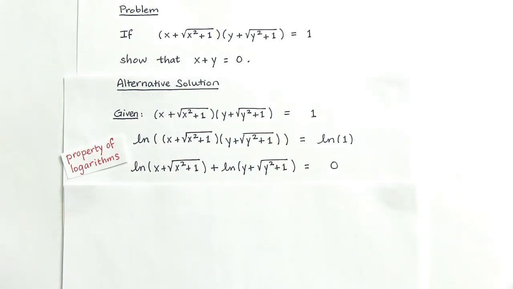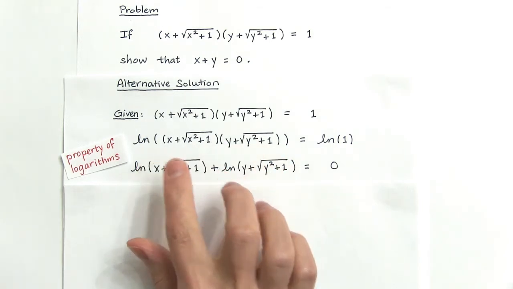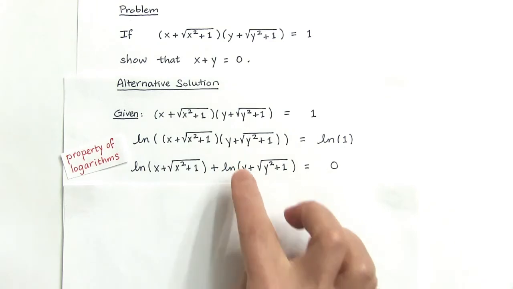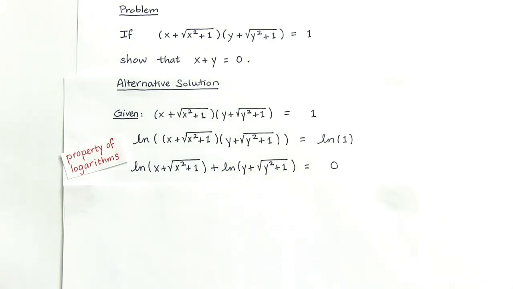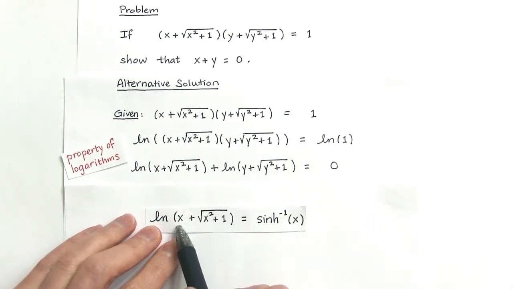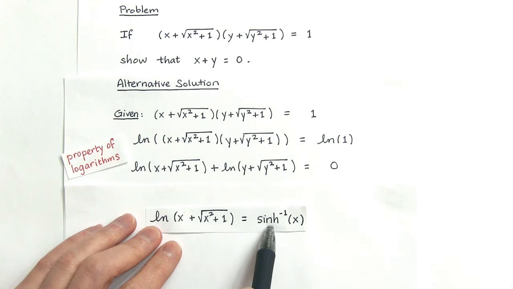Now this is a common and useful trick to try. Whenever you see a product, take the log to turn it into a sum. Or whenever you see an exponent, take the log to get rid of the exponent. But what does this step accomplish, you might ask? Well, there's an interesting algebraic identity that says the natural log of this quantity is equal to the inverse hyperbolic sine of x.